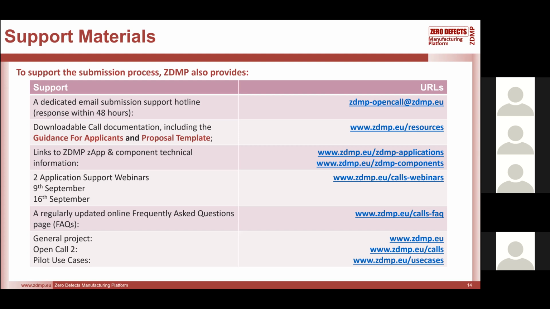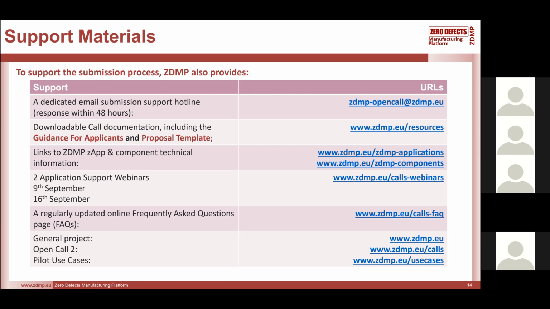We also have a fairly extensive frequently asked questions page up on our website. Many of these questions came out of our email hotline from call 1. And again, I strongly advise you all, before completing your proposal, to have a good look at the frequently asked questions page online. There's lots of useful information there.